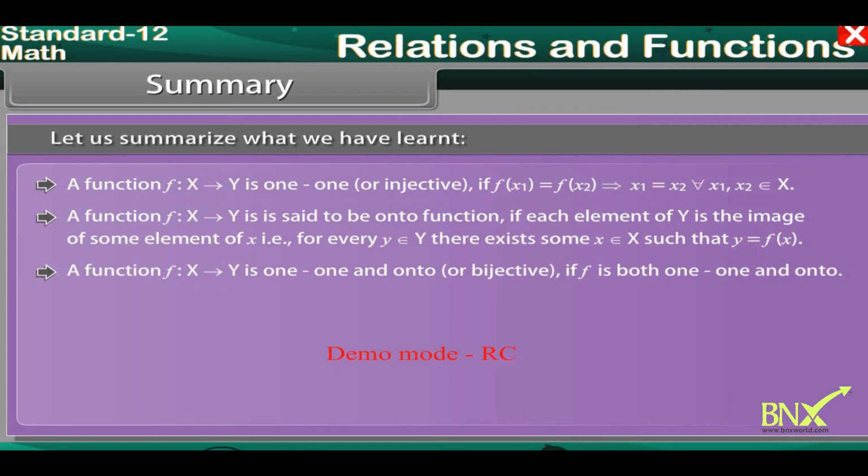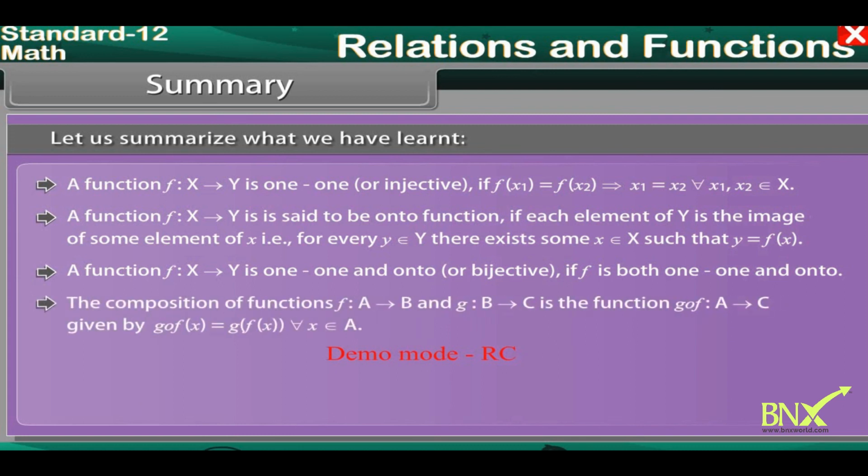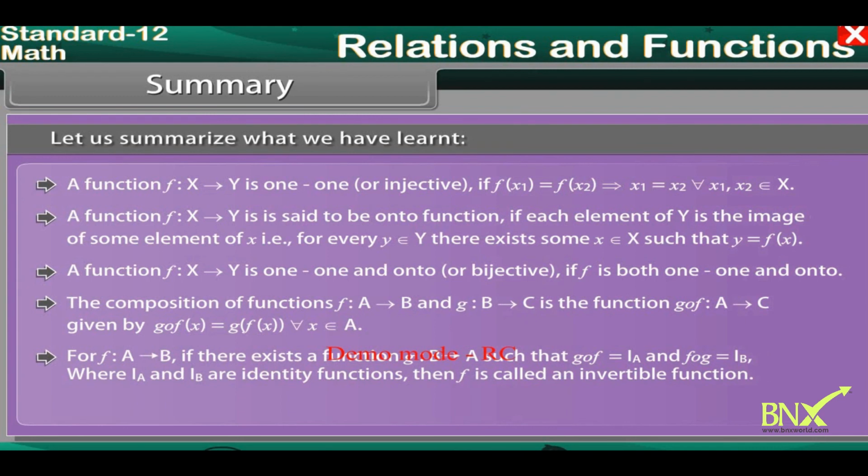The composition of functions f from A to B and g from B to C is the function g∘f from A to C given by (g∘f)(x) = g(f(x)) for each x belongs to A. For a function f from A to B, if there exists a function g from B to A such that g∘f = I_A and f∘g = I_B, where I_A and I_B are identity functions, then f is called an invertible function.